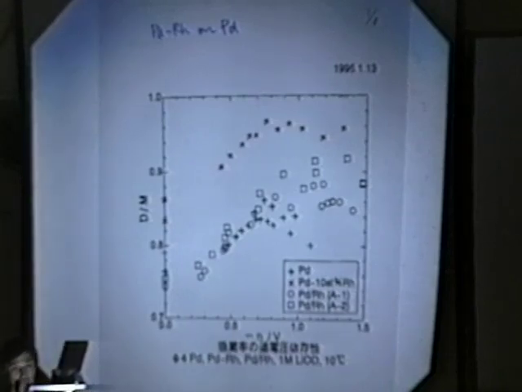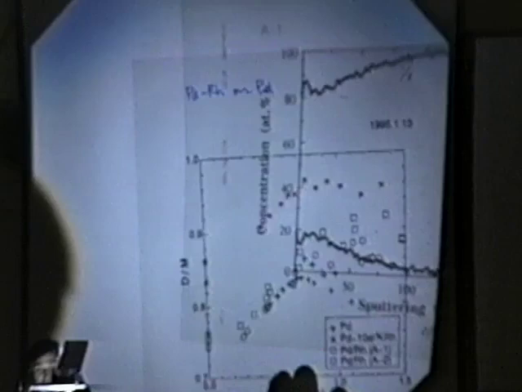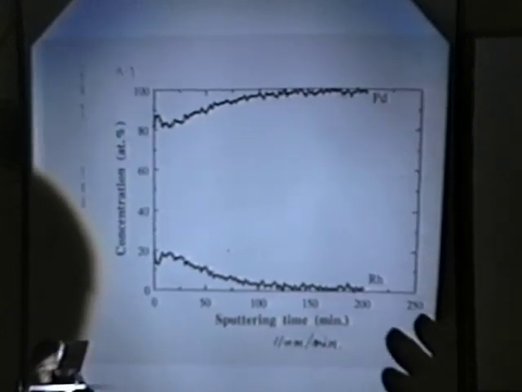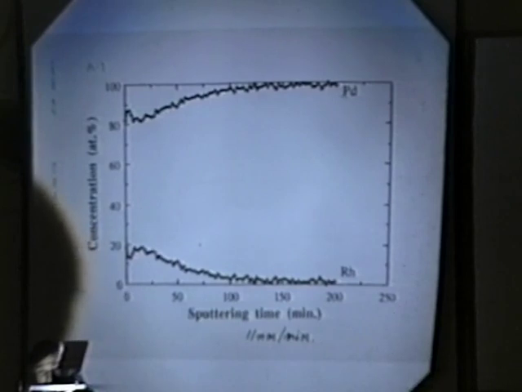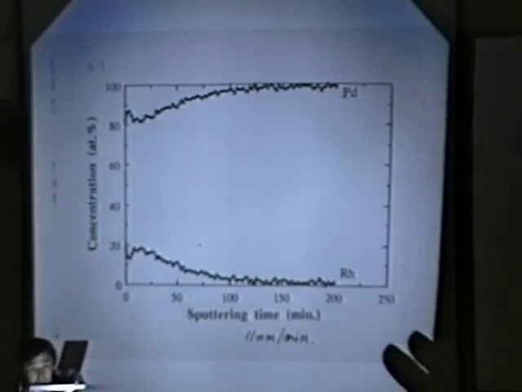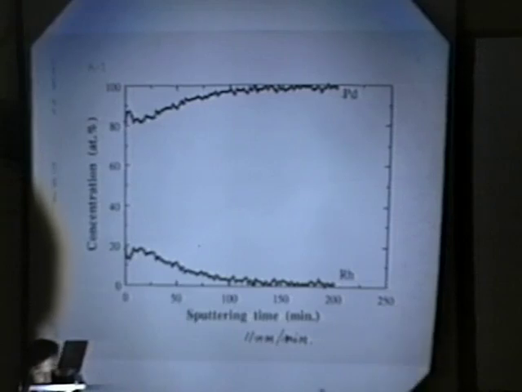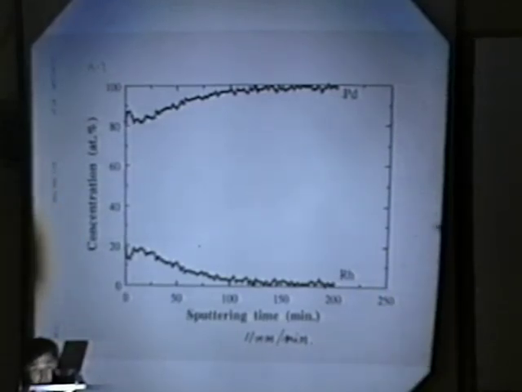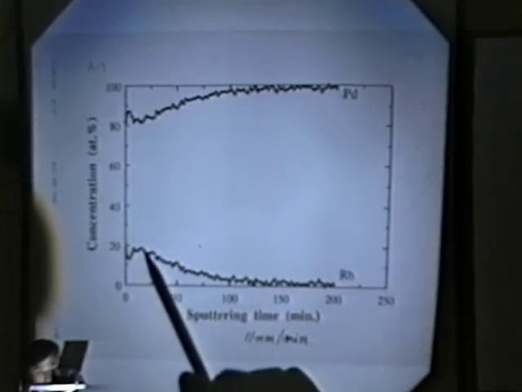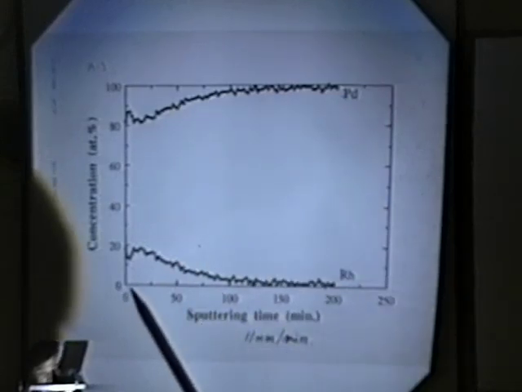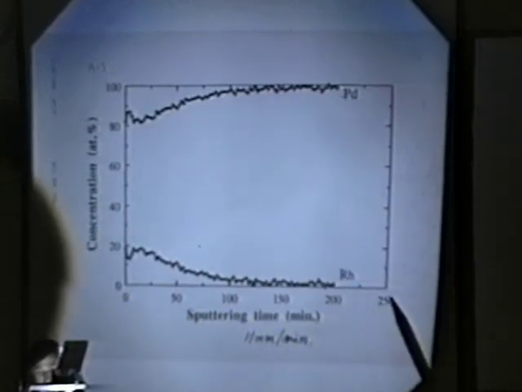I mean, to show this by keeping the substrate constant and putting this layer of alloy film. To do this, we deposited rhodium on the surface first, and then annealed it at 800 degrees C to make the surface region alloy. This is the result of depth profile analysis by SIMS to show the rhodium and palladium content from the surface to the interior of the palladium electrode.